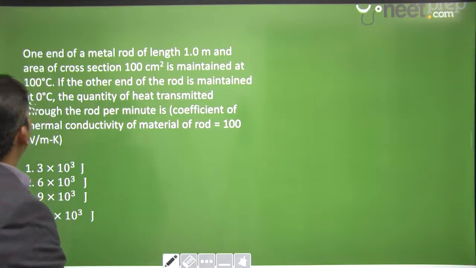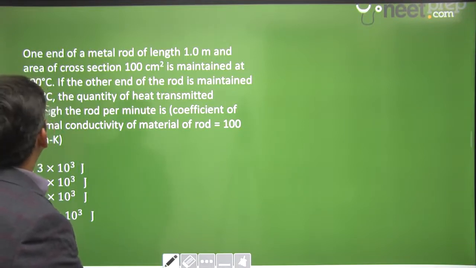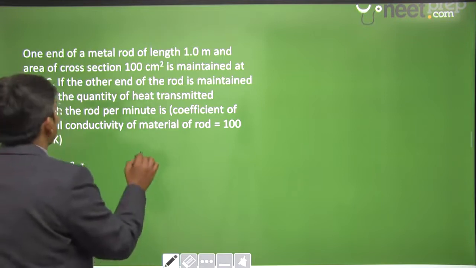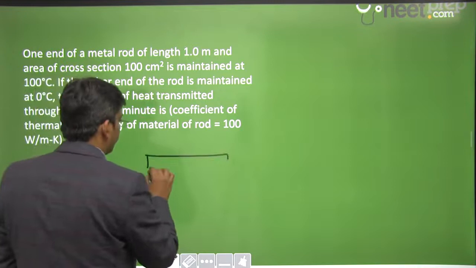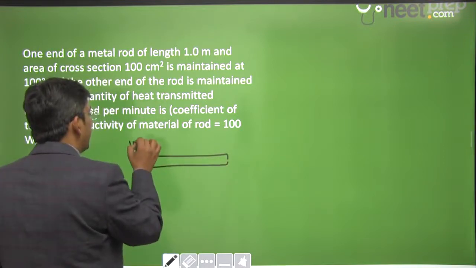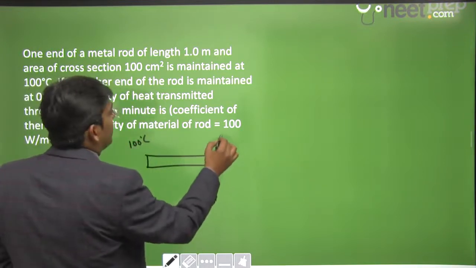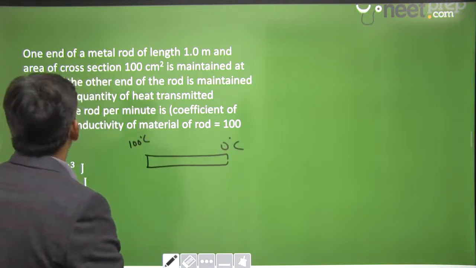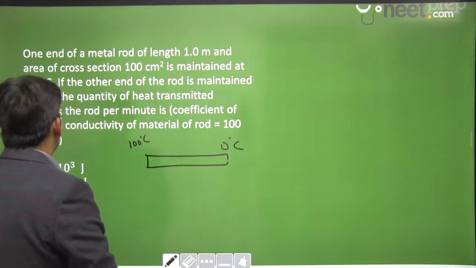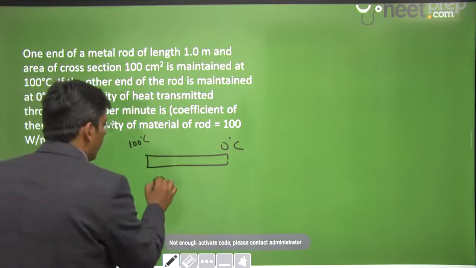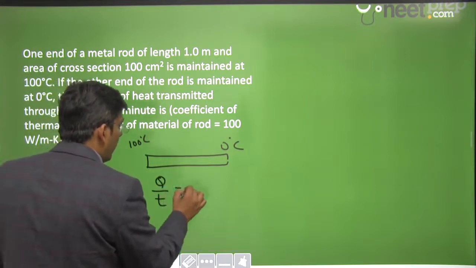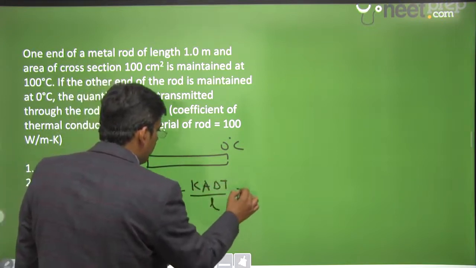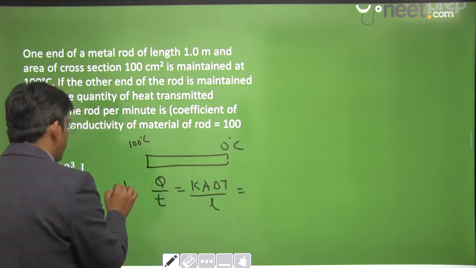So we have a question. One end of a metal rod of length 1 meter and area of cross section 100 centimeter square is maintained at 100 degrees Celsius and the other end is maintained at 0 degrees Celsius. The quantity of heat transmitted through the rod per minute is, see, the rate of transmission of heat is KA times temperature difference divided by length. This is in joules per second.